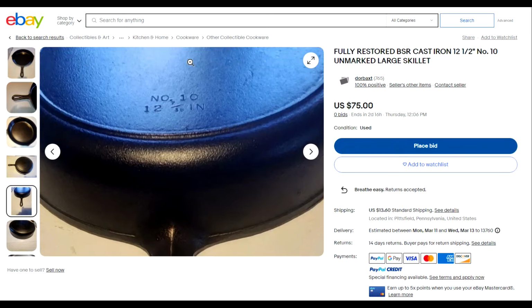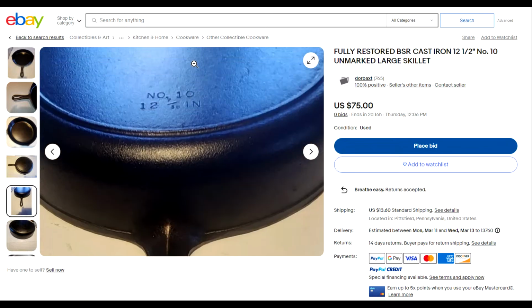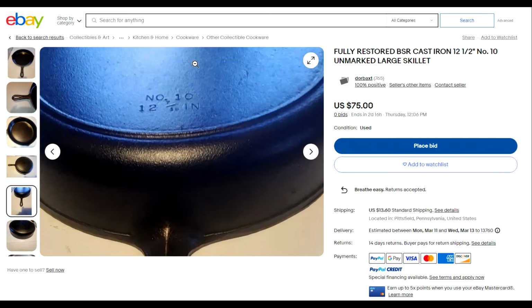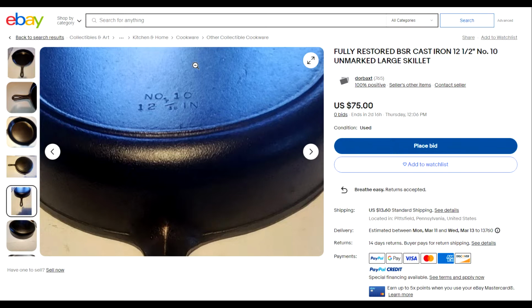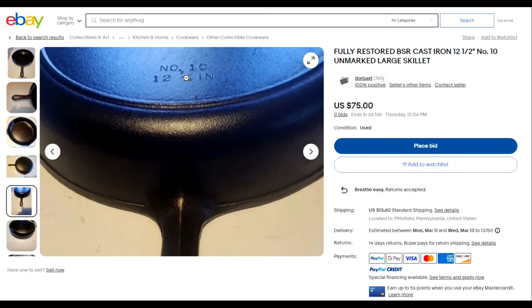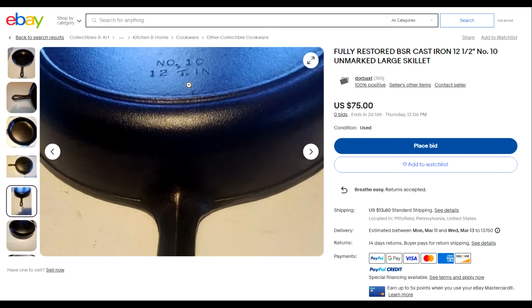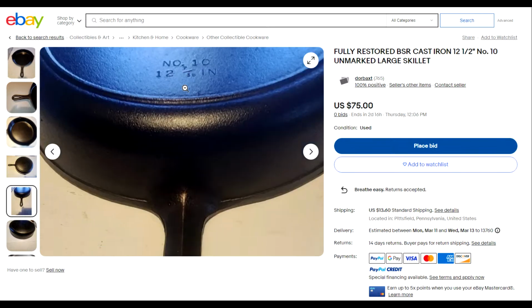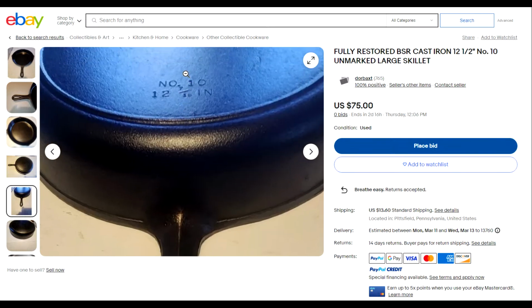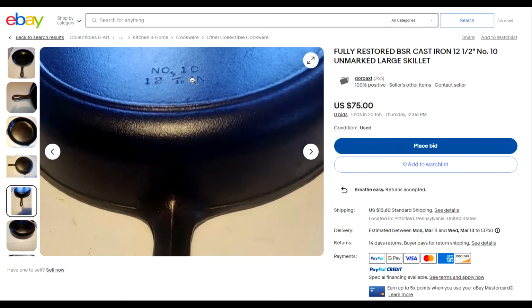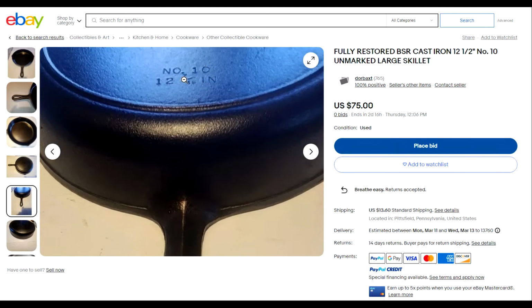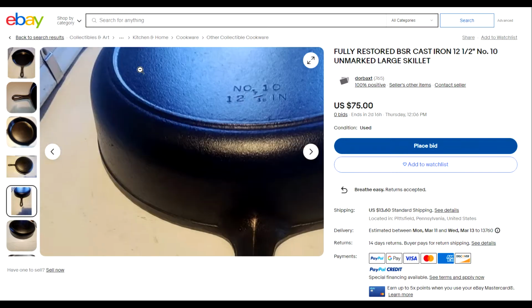Not bad, though. In fact, the markings look exactly like the one I have in my own collection that I've shown off a couple of times, in that it's 12 and 7/16 inches. I do believe that is the one they made after the size change in the mid-1970s.